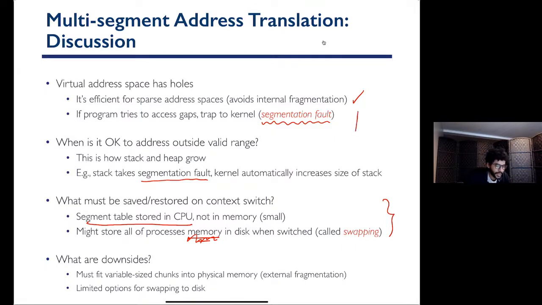For example, let's say this is your physical memory, and let's say this is your stack currently. And now if you want more, note that the stack grows downwards. If the memory below your stack is free, I can just change your limit to a new limit here.